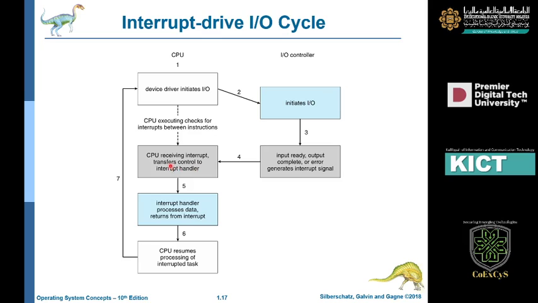And when the CPU receives this interrupt, it transfers the control to the interrupt handler, and the interrupt handler processes the data from the interrupt. After doing that, the CPU resumes processing of the interrupted task, the task that was previously running, and continues, right, until it receives another interrupt from the device driver, right?